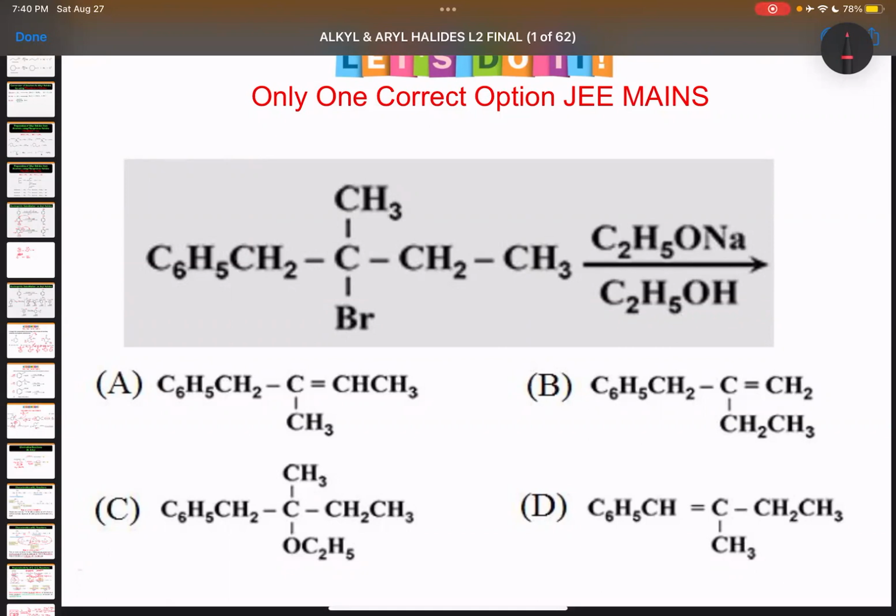Take H from the right hand side, from CH2. This is the right hand side.